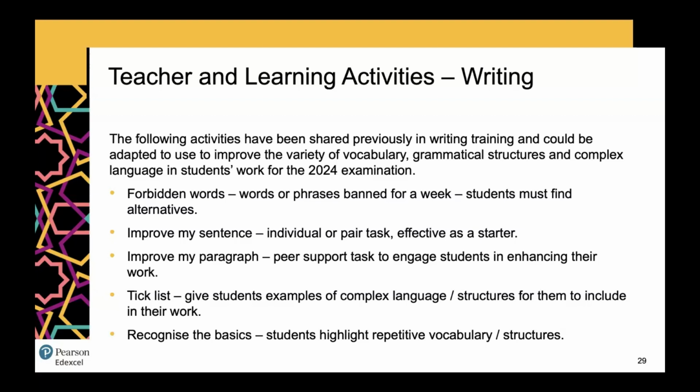You could support them by giving them some suggested words or phrases in a box that they could use to improve those sentences, or you could just let them work as individuals or as pairs or even as groups to see who can come up with the best sentence. The sentences could also be laminated or on cardboard strips, so that if you have general sentences, they could be used for different activities and different topics that you're covering.